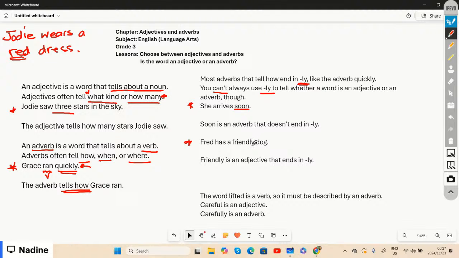This word friendly that ends in ly is an adjective, because it describes the noun, which is the dog.